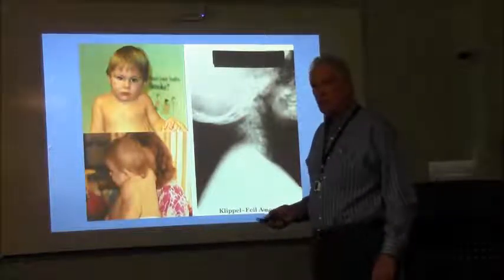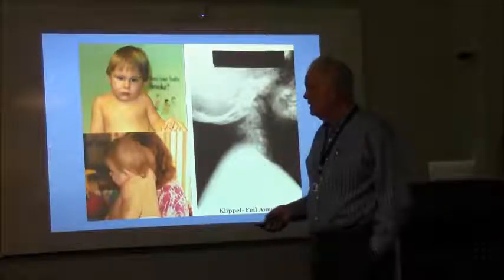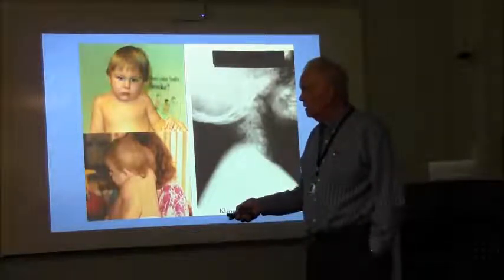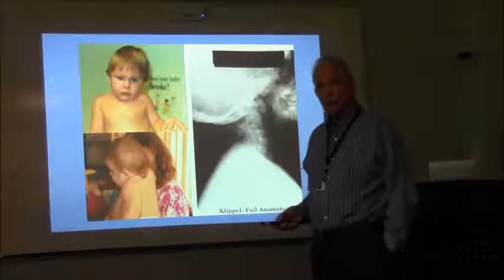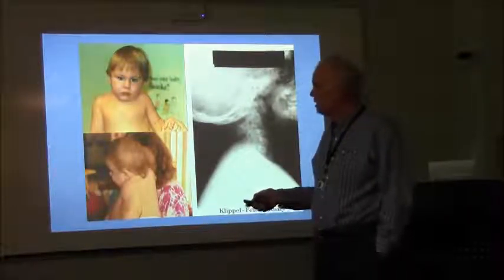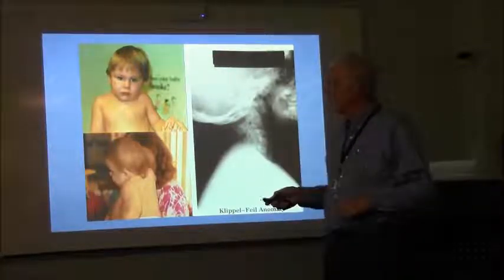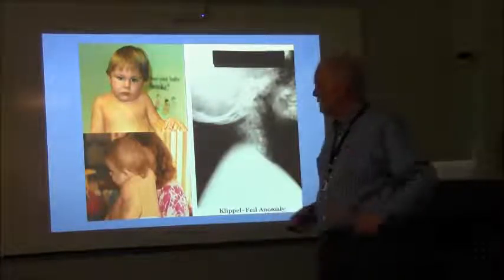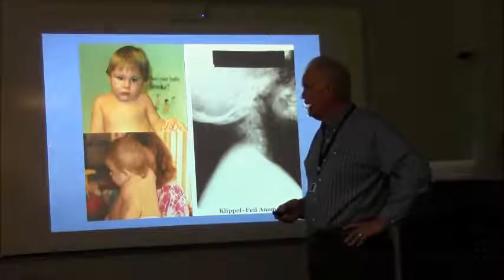One of the few and only syndromes that truly has a short neck is Klippel-Feil syndrome. It's short, and you can see it, their head sits almost on the shoulders. It's because there's fusion of the vertebrae here that shortens the distance from the skull and the shoulder area, or the lower cervical spine area.